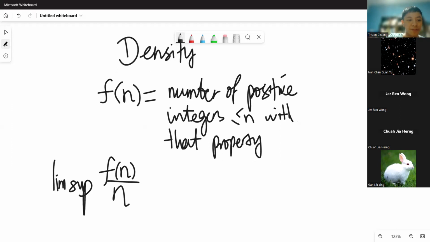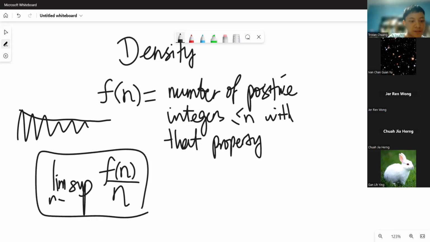But limit superior is something like, if the sequence is like that, you look at the successive maximum points and see where they go, because this sequence will definitely converge. So this is kind of like the density as n goes to infinity.